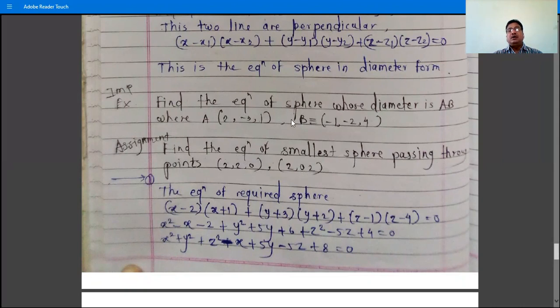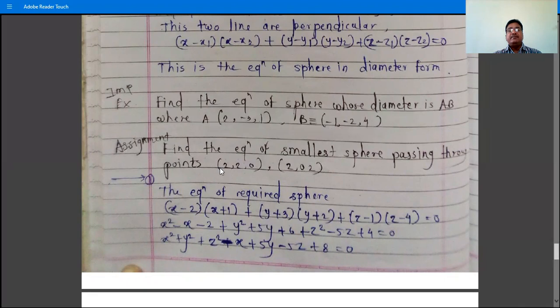So the other form of this example is: find the equation of the smallest sphere passing through the points A (2, minus 3, 1) and B (minus 1, minus 2, 4).